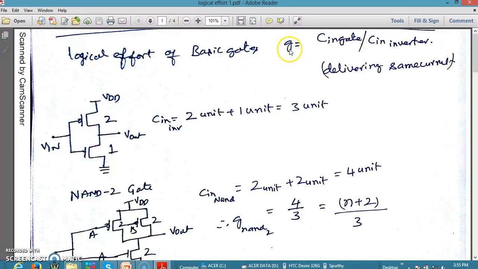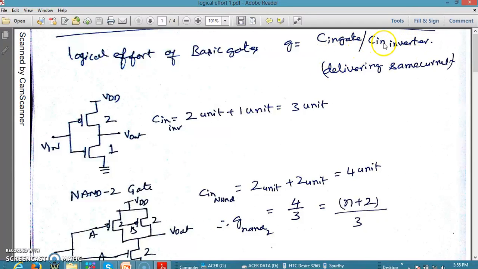Now we'll define G, that is, the logical effort of a basic gate. The G of the inverter is Cin of the inverter divided by Cin of the inverter. Whenever we define the logical effort, we take the reference of an inverter. So when we find the logical effort of the inverter itself, it is Cin of the inverter divided by Cin of the inverter.